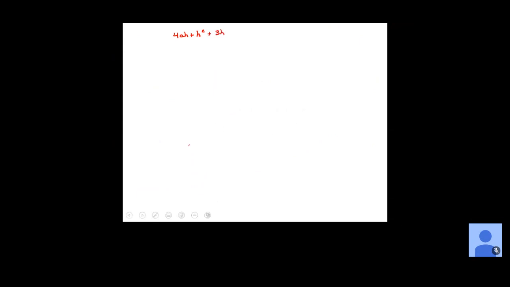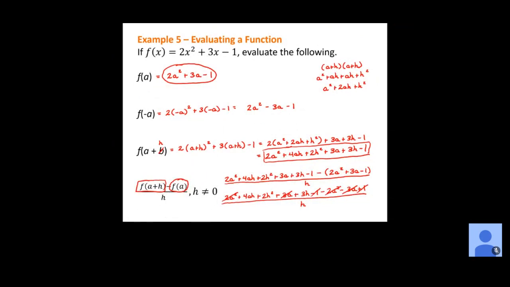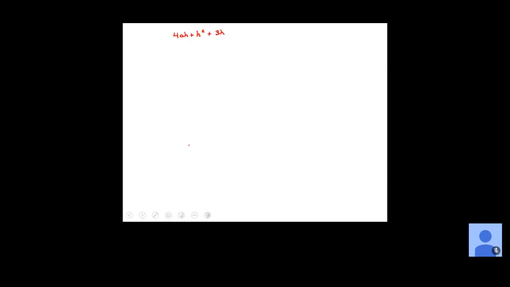I'm just going to go back and make sure that was all correct. It was a 2h squared. Make sure I get a 2 in there. This middle term is 2h squared. And all of that was over h. Okay, so once we combine like terms and cancel things out, that's what's left now.